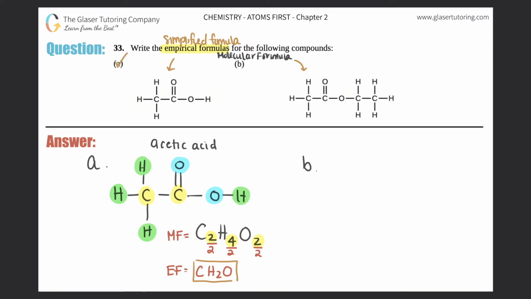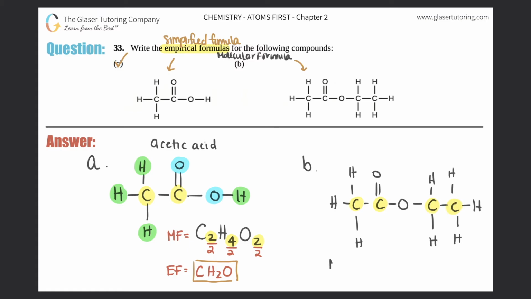Now for the next one. I'm just going to write it over here. HCCO. CC. There's an H over here. Gotta love these organic compounds. We got a double bonded O here. Okay. So let's do carbon, then hydrogen, then oxygen, just like we did before. So how many carbons are here? 1, 2, 3, 4.